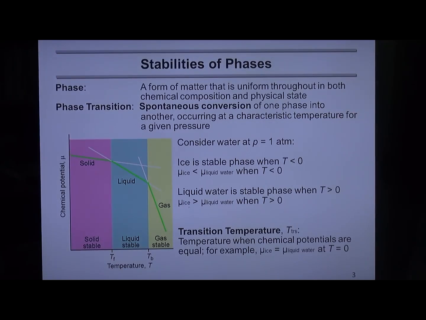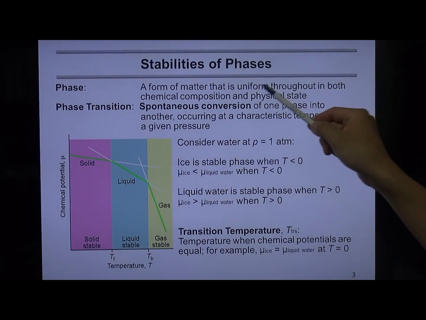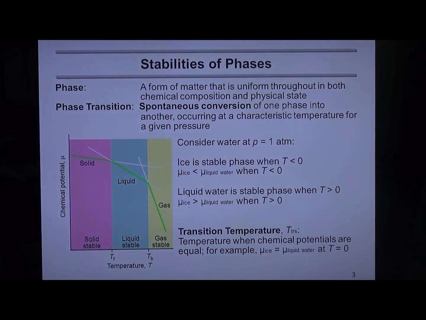So phase is something like a certain state of matter that should be uniform in terms of chemical composition and physical state. So as you all know, there are solid, liquid, and gas, right? So those phases, solid, liquid, or gas, have one phase, right?